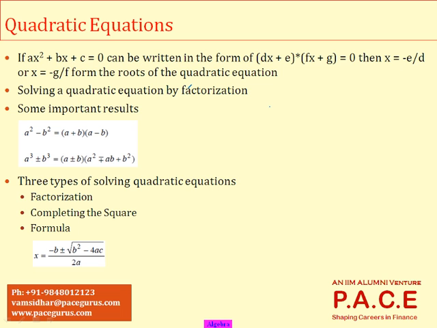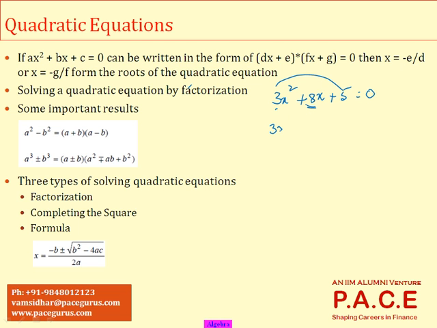Now, let's say I want to talk about 3x squared plus 8x plus 5 equal to 0. I'll show the different methods. The first method is to try to break it into factors. Sometimes it is easy to break it up into factors. Take two numbers whose product is 15 but whose sum is 8. So I'll take 5 and 3.